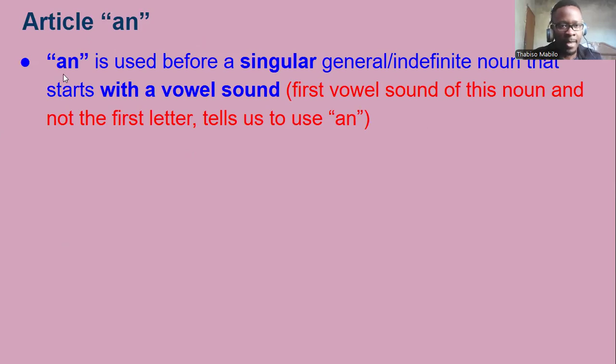The article "an" is used before a singular, general, indefinite noun that starts with a vowel sound.